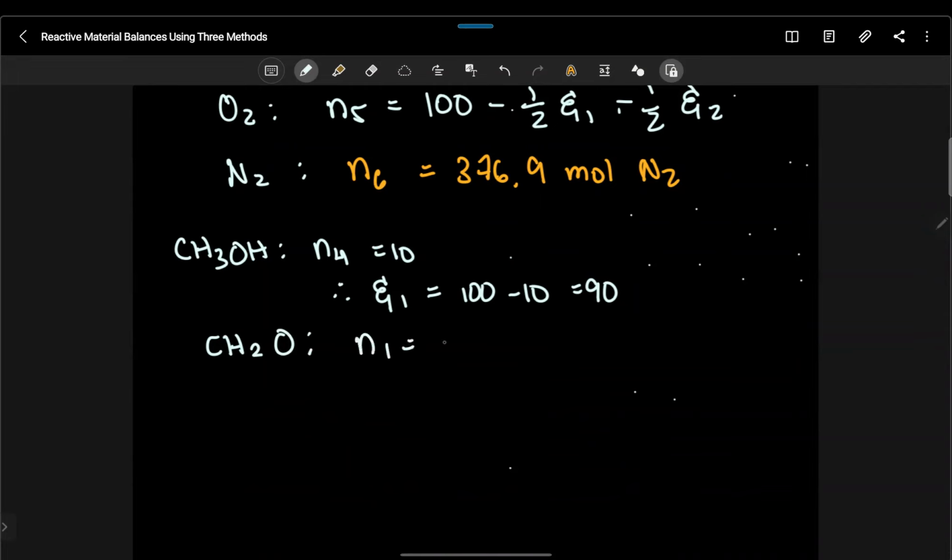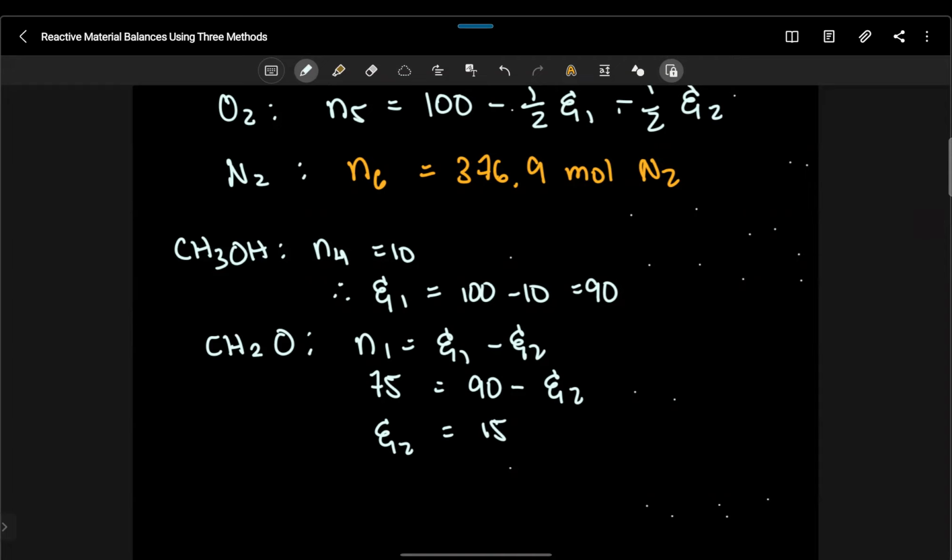N1 equals extent 1 minus extent 2 daw. Pero sa N1, nakuha natin yung kanina from the yield, di ba? That's 75 equals extent 1 is 90 minus extent 2. So therefore, extent 2 will be equal to 15. Since meron na tayong extent 1 and extent 2, we'll be able to calculate the rest.